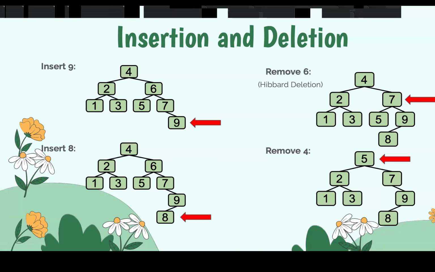For deleting 6, why didn't you replace it with 5, which is the smallest on the right subtree? So you could, because like I said, there are 2 options. You either pick the largest of the left or the smallest of the right subtree. In this case, they just picked the smallest of the right. It's totally valid.